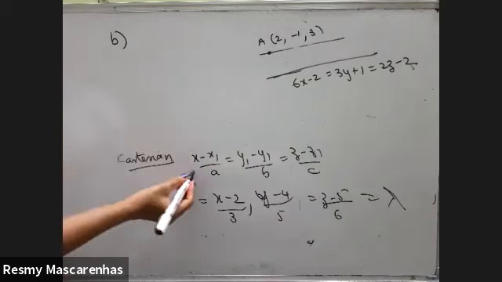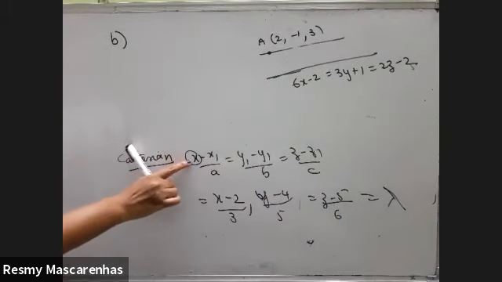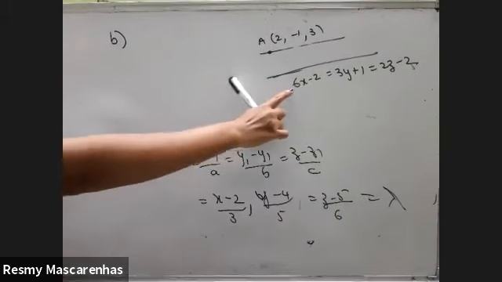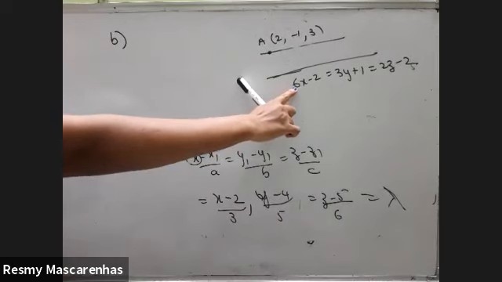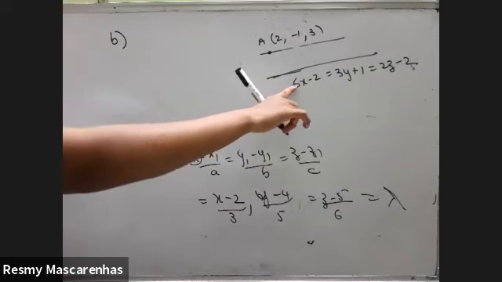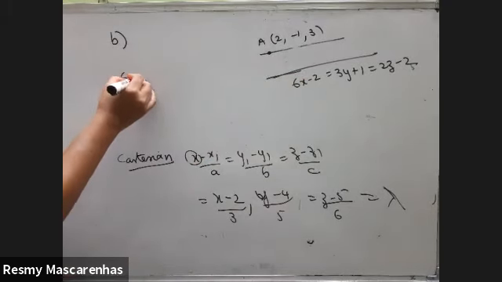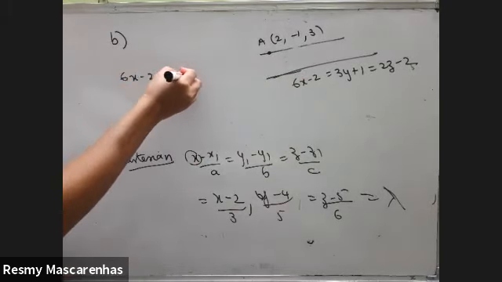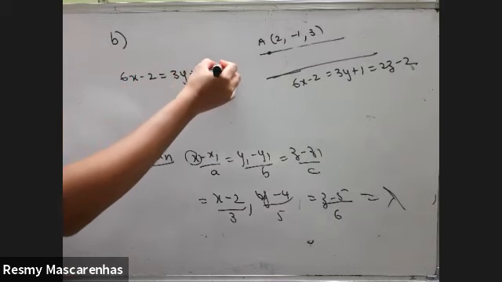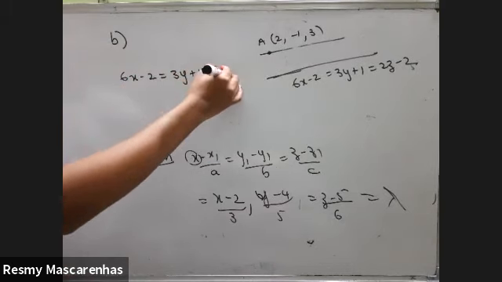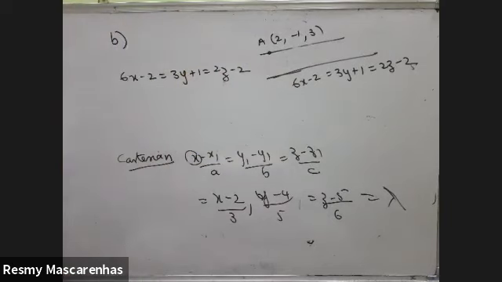If you have noticed, everywhere x is single. There is no coefficient outside the x. Go and see over here, what has happened? There is a 6. So it has to be a single x. What you have to do is just write it and convert it into proper Cartesian form. How to convert?